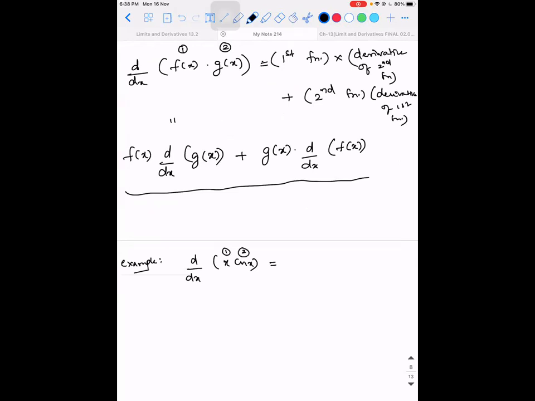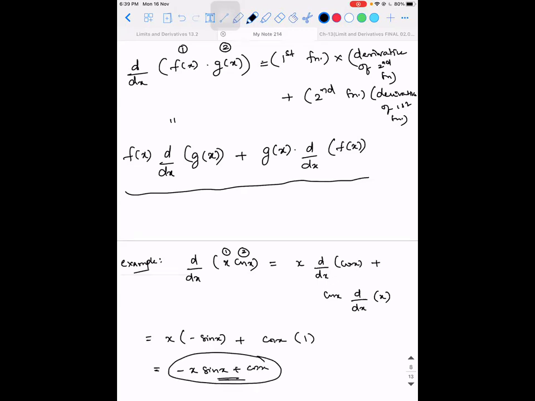So according to the formula, what am I supposed to do? It is the first function, that is x, into d by dx of cos x, plus cos x into d by dx of x. So x into, what is the derivative of cos x? Minus sin x. Plus cos x itself, leave it as it is, times the derivative of x with respect to x, which is 1. So the answer will be minus x sin x plus cos x.